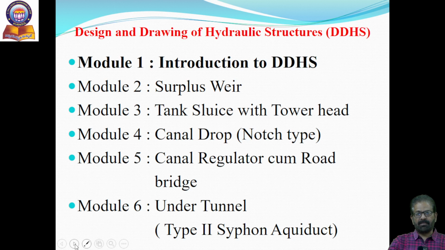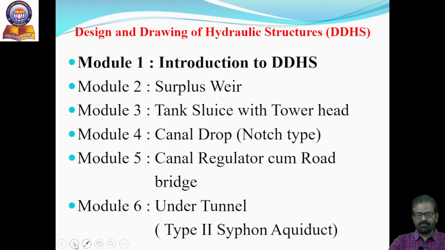In general, this course, Design and Drawing of Hydraulic Structures, in some universities or institutions may be called Design and Drawing of Irrigation Structures or Design and Drawing of Water Resources Structures, like that. All are similar in nature. Coming to the content, this entire syllabus is divided into these 6 modules.